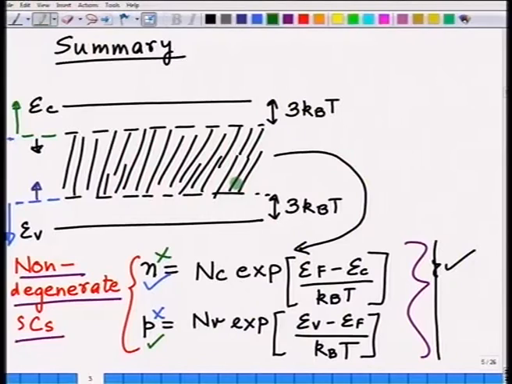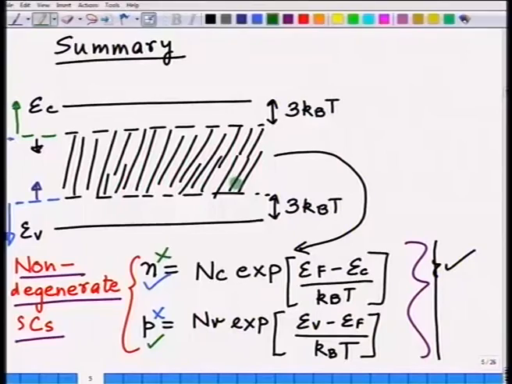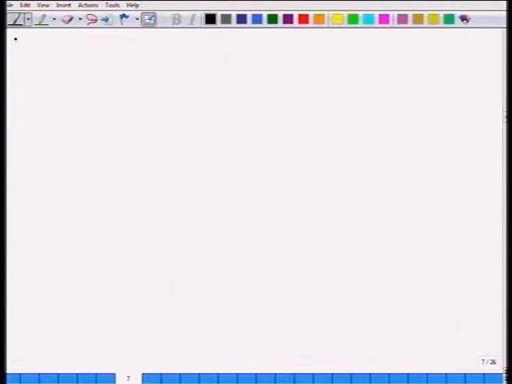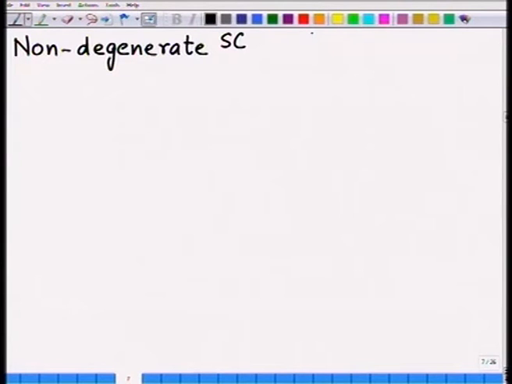All right, I hope that gives you a nice good picture of the non-degenerate semiconductor, which I'll abbreviate like this, versus a degenerate semiconductor.